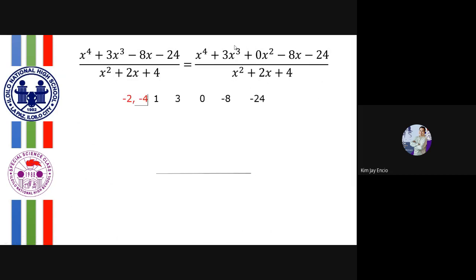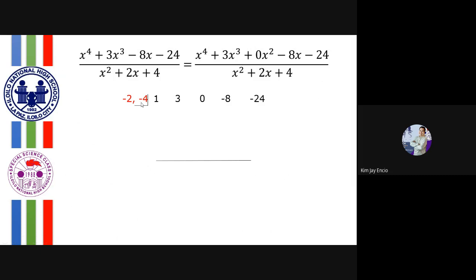Copying here, we have 1, 3, 0, negative 8, negative 24 as the coefficients. Since the leading coefficient is 1, we just change the signs of the coefficient of x and of the constant. So that would be negative 2, and the positive 4 becomes negative 4.